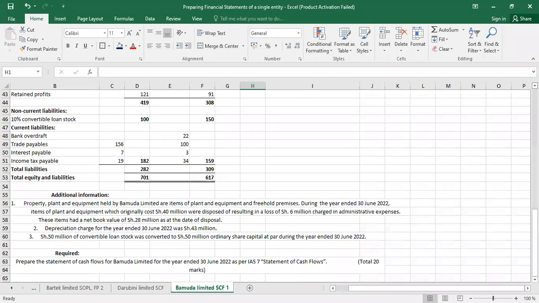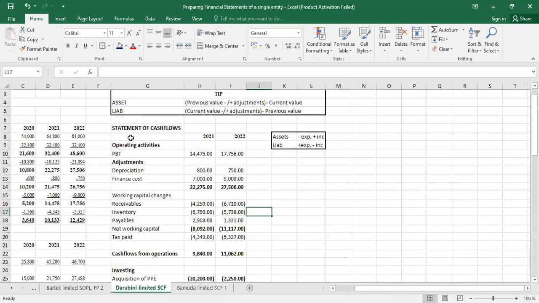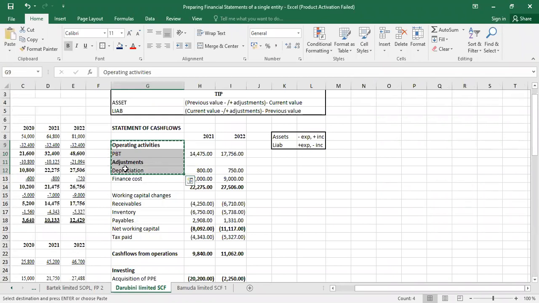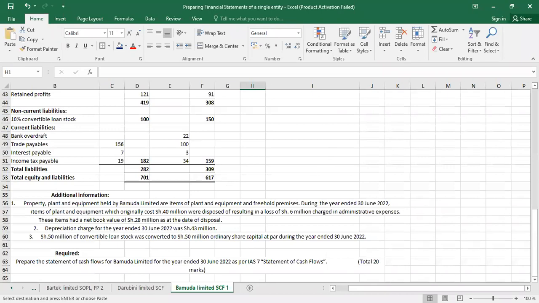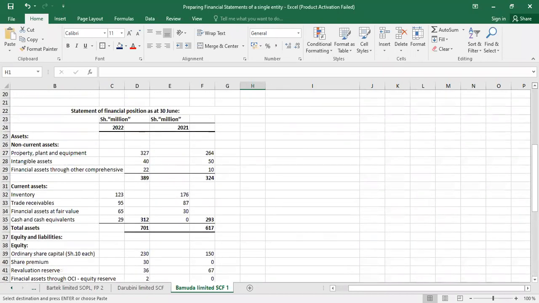Isn't it? Now we go to Bermuda. In additional information, what we are taking, because you're starting with operating activities, obviously we will take depreciation in additional information. These others will go to investing, and this one will go to financing, isn't it? So like I'll copy these ones here, Control C, so that I don't have to repeat.